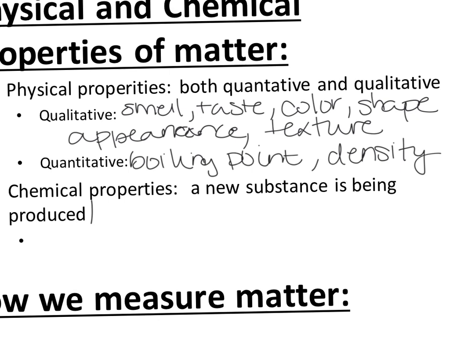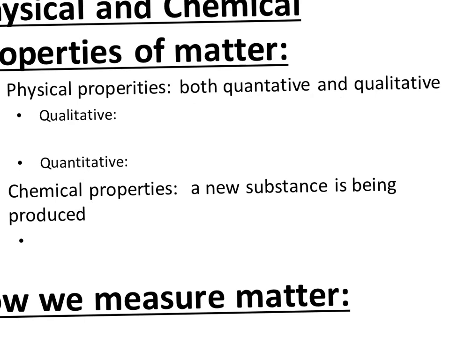When we're talking about the formation of rust, that is a change in the chemical properties of the starting material that we had before we started to rust. Because rust is in fact different than what we actually started out with.